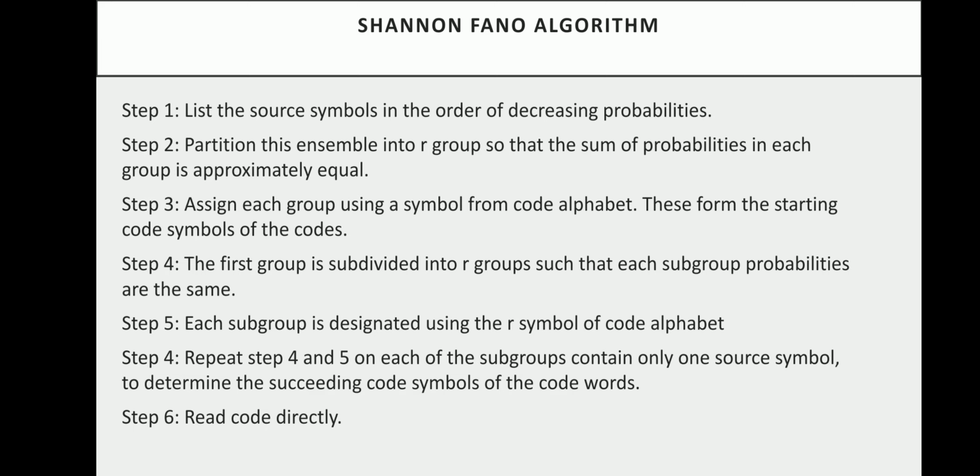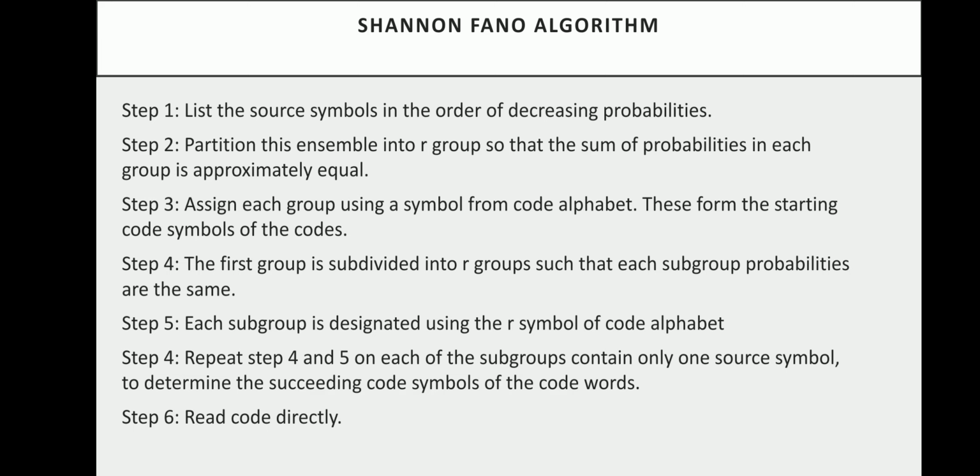So let us remember the steps once more. First we need to list the symbols in decreasing order of their probabilities. After listing the symbols, we partition them into R groups in such a way that the sum of probabilities in each group is nearly equal.